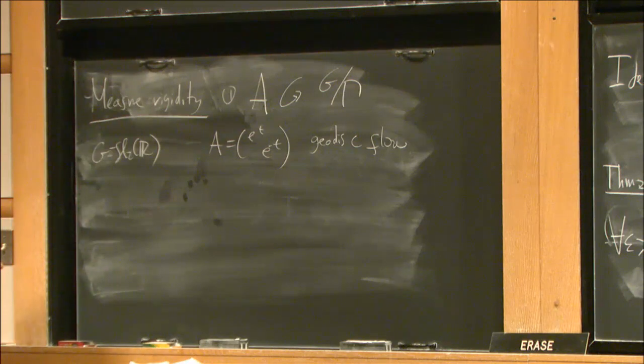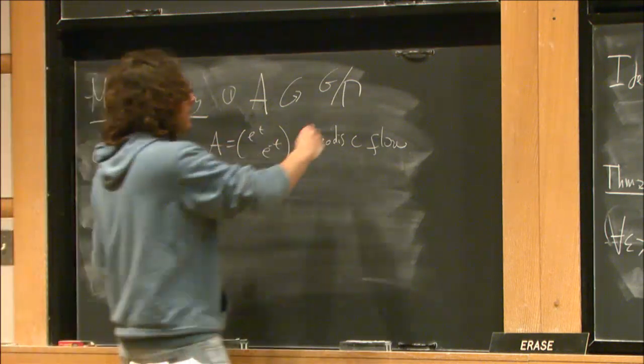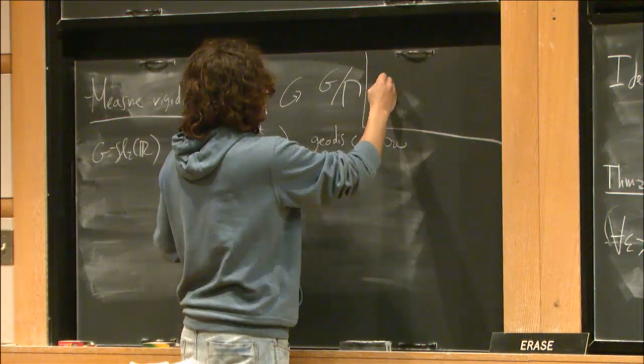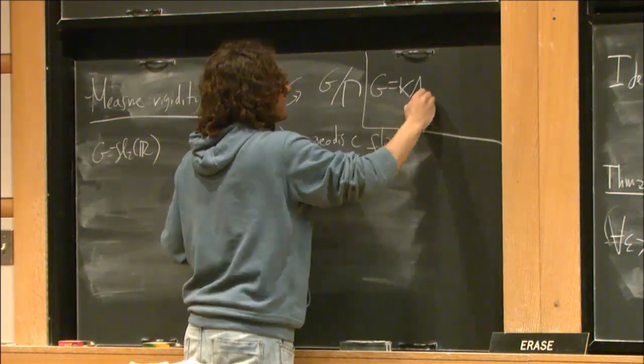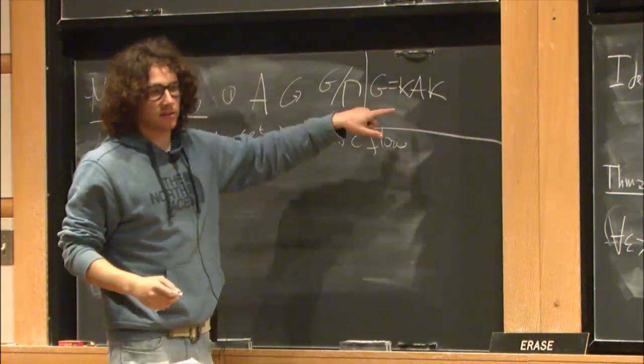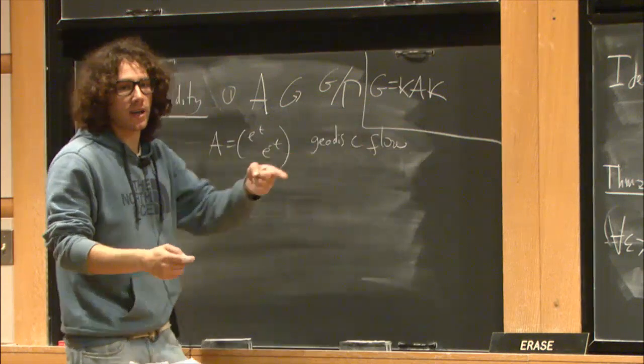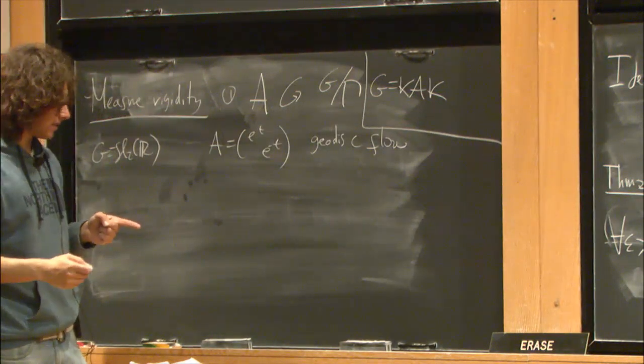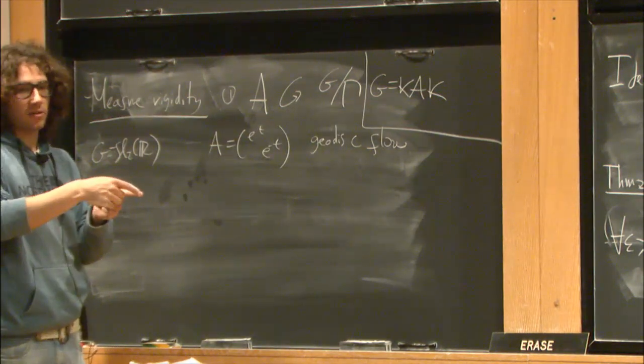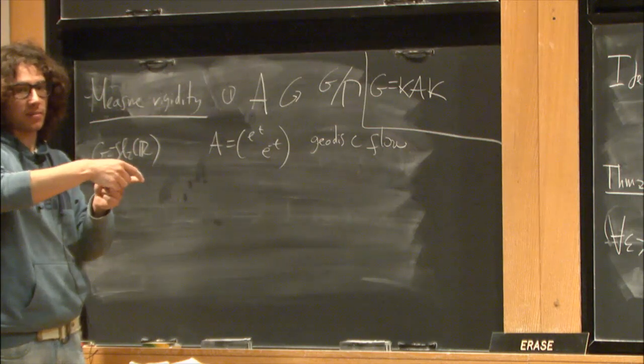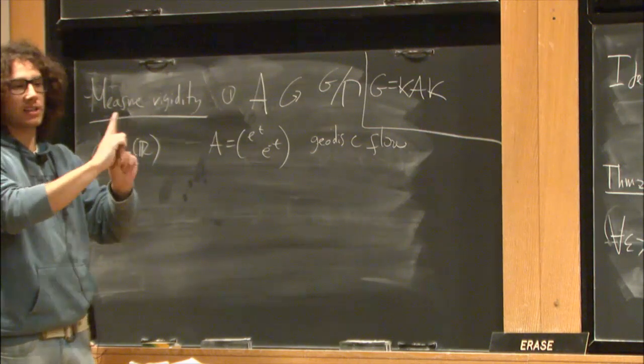Maybe something to have in mind is that there is this decomposition, KAK. In SL2R, you take a vector in the tangent bundle of hyperbolic space, and K just rotates the vector.